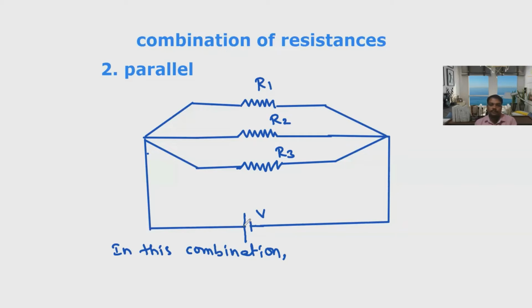I mean, the positive and negative ends of the cell are connected at the points where all the resistors are connected. So the voltage across the cell is applied across all three resistors.